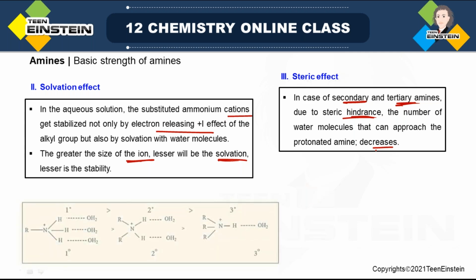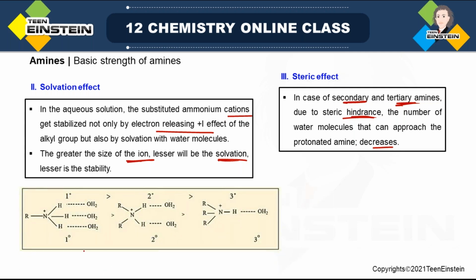So considering these two facts, now see, this is protonated primary amine. It is RNH3 plus, there are total 3 hydrogens, 3 water molecules are interacting, 3 hydrogen bonds are there. Then the next one is R2NH2 plus, which is protonated 2 degree amine, 2 hydrogen bonds. This is protonated 3 degree amine, only 1 hydrogen bond. So if you simply consider solvation effect, in 1 degree there is maximum hydrogen bond formation, that means maximum solvation effect possible.